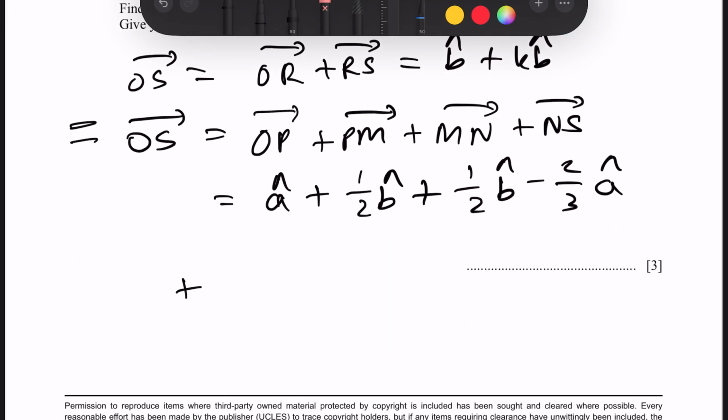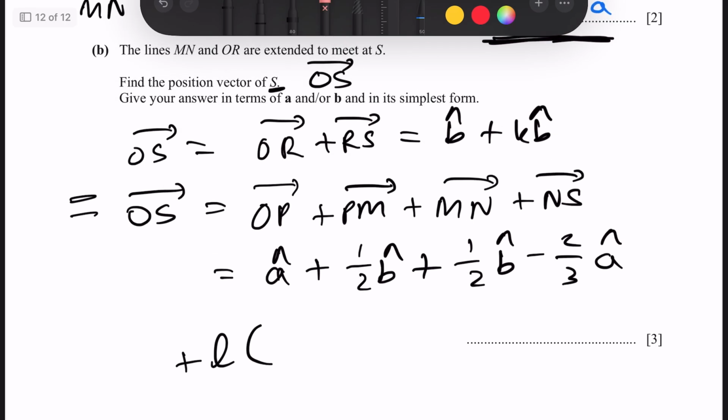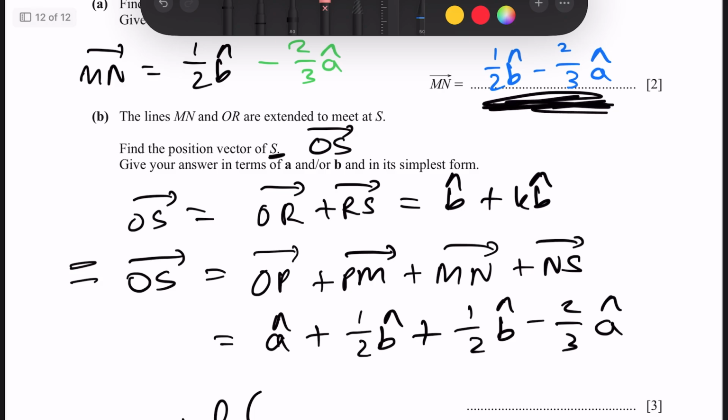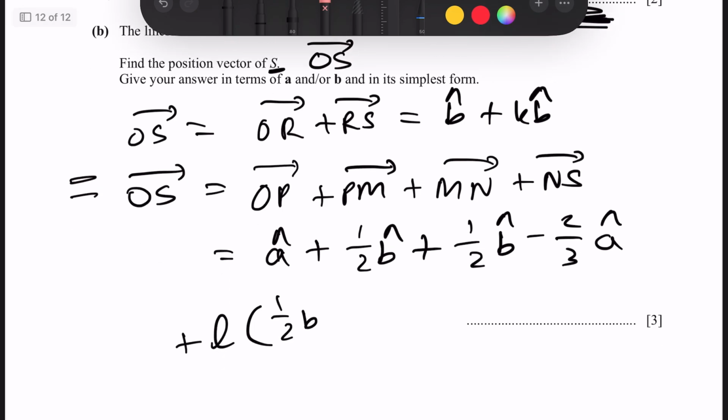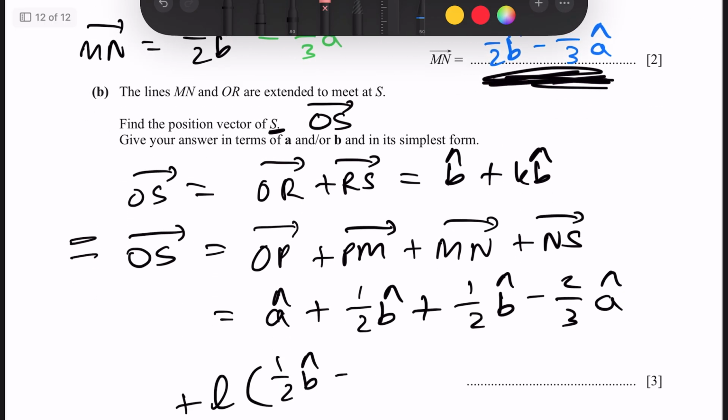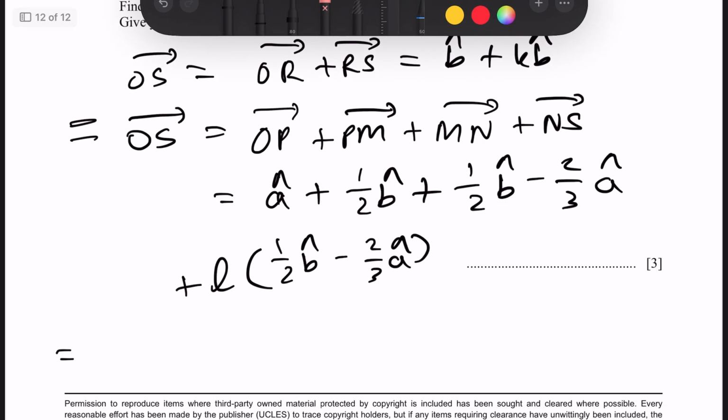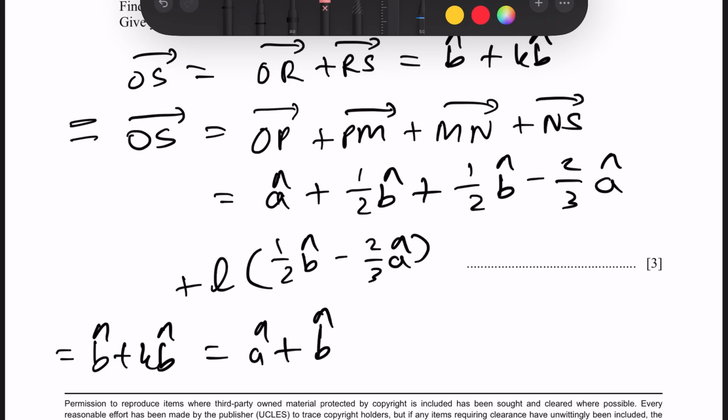So let's say for now, the scale factor is L. So L times MN, where MN is half B minus 2/3 A. Now if we simplify this gigantic equation, this is equal to A plus B total, since half B plus half B is equal to B, minus 2 by 3A.